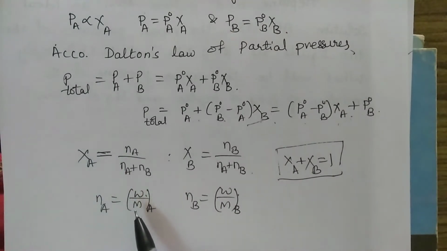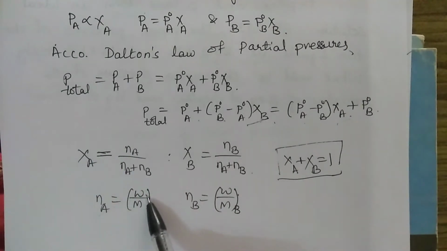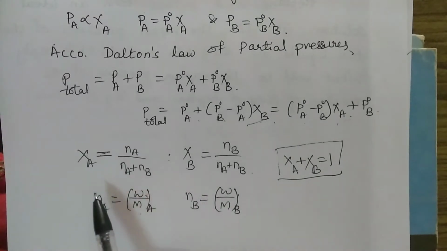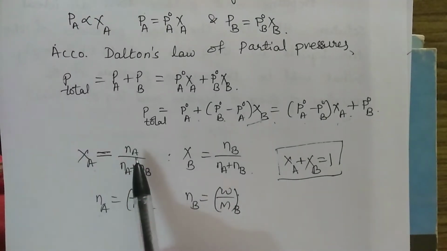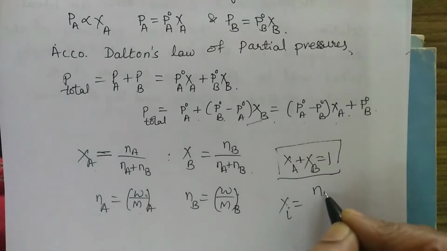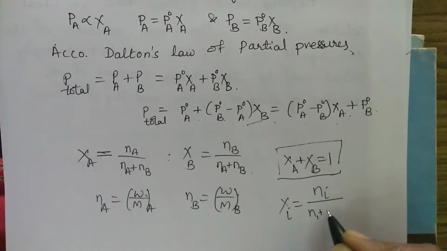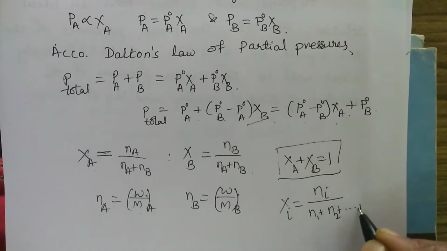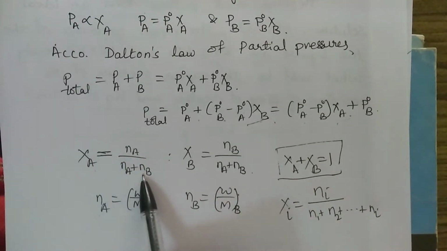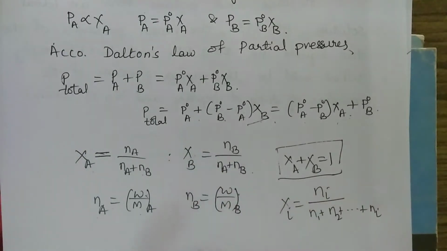In that case, we first calculate the number of moles of A, which is mass divided by molar mass of A. Similarly, the number of moles of B is mass divided by molar mass of B. Then we calculate the mole fraction: the mole fraction of any component is the number of moles of that component divided by the sum of the number of moles of all the components present in the solution. So XA is equal to Na divided by Na plus Nb, and XB is equal to Nb divided by Na plus Nb. Now we will solve some problems.